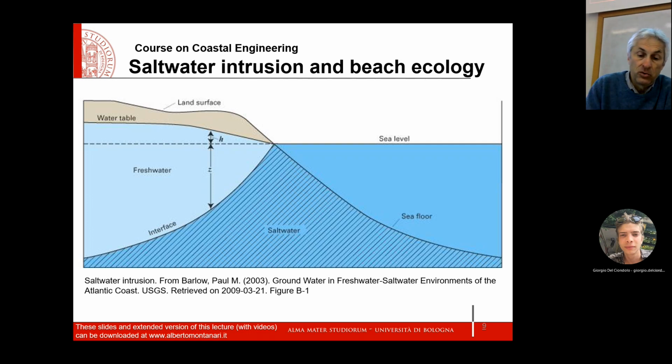I already mentioned that alluvial lands are characterized by a significant permeability, and permeability means that we have a flux of fresh water coming from the land, because the land is more elevated with respect to the sea. From the land, you have rainfall, and therefore there is a natural flux of water from the land to the sea. This takes place through surface water and through groundwater.